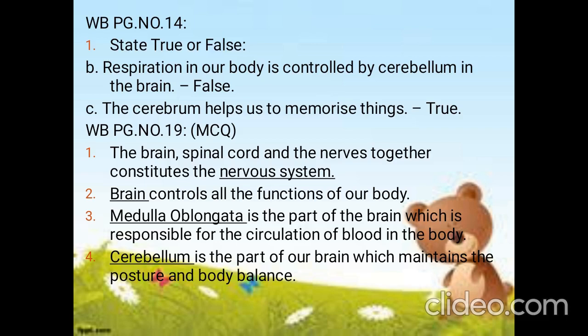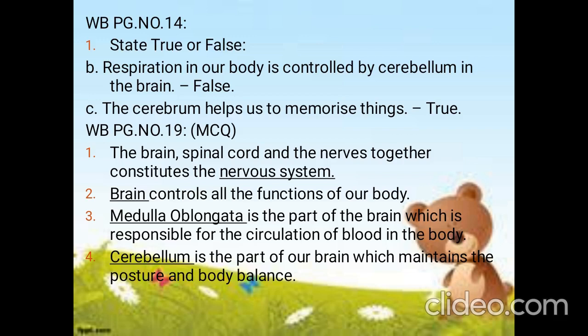Okay, now take page number 19, the MCQ part. You have to answer these. First question: the brain, spinal cord and the nerves together constitute the nervous system. The second question: dash controls all the functions of our body. Yes, that is the brain. The third question: dash is the part of the brain which is responsible for circulation of blood in the body.